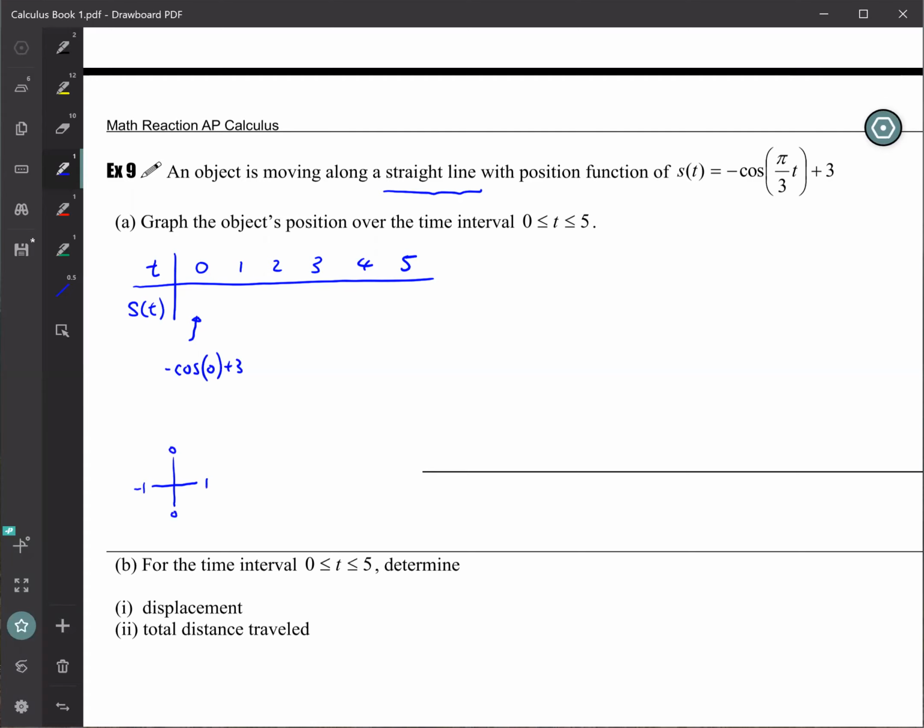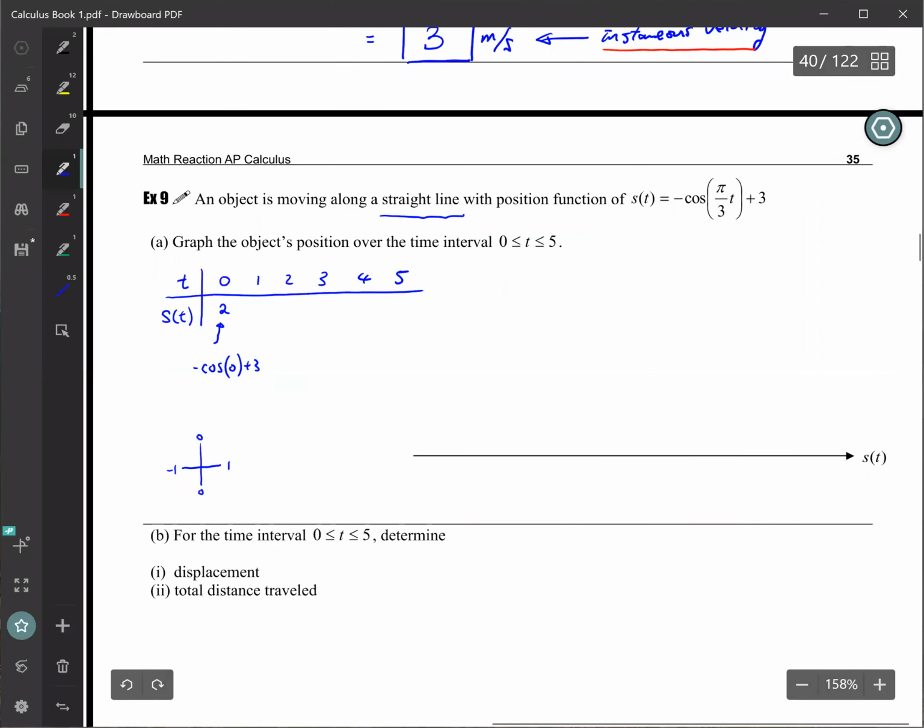That gives negative 1 plus 3, so I have 2. You are starting at a position of 2. Please complete the table. When you finish the table, please raise your hand. We're going to go over the values together.